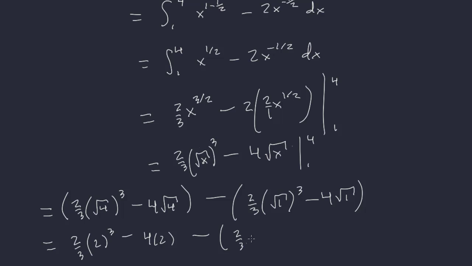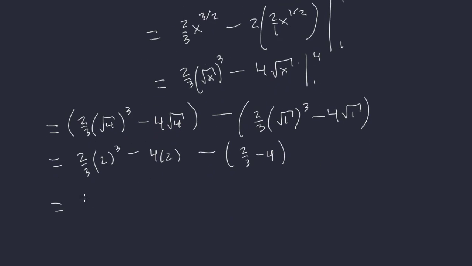this will be 2/3 minus 4. All right, so we'll have 2/3, 2 cubed is 8, minus 8, minus, I'll just distribute that minus sign, minus 2/3 plus 4. Now let me show you a quick way to do certain things here. This is 8 times 2/3, and this is 1 times 2/3, so when you subtract, you could say that that's 2/3 times 7.